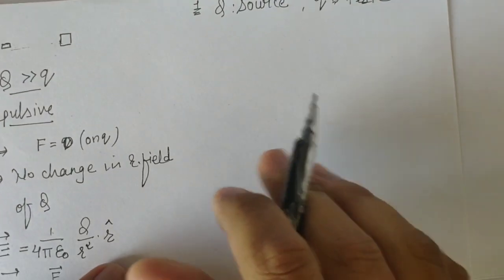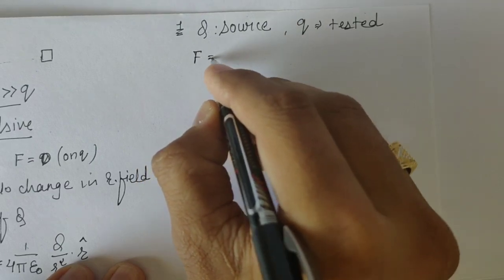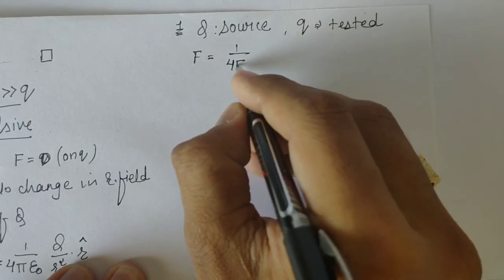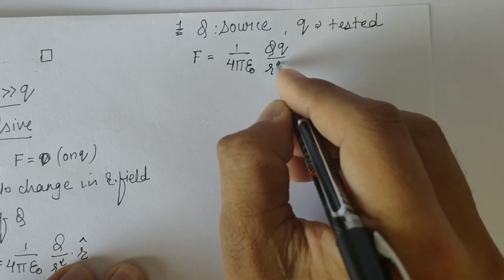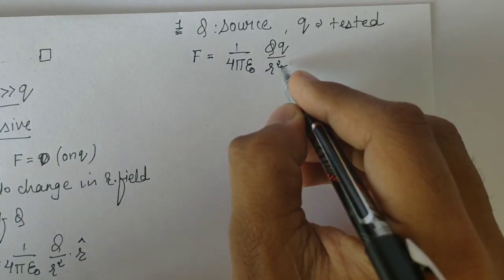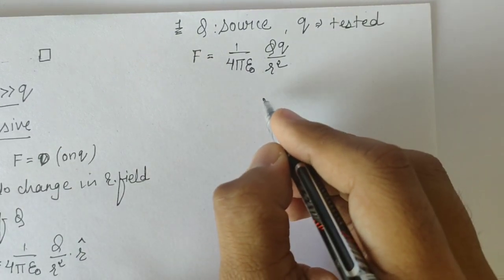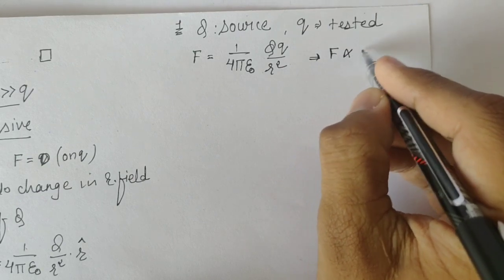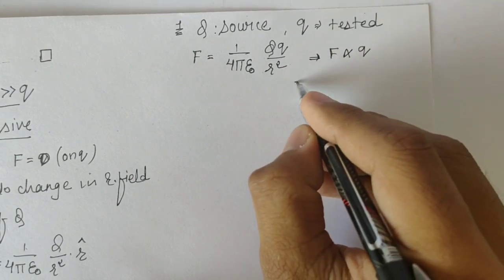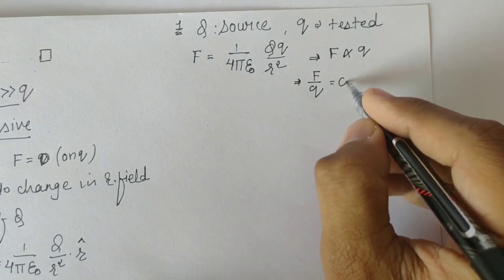Now, F equals 1 upon 4 pi epsilon 0, Q q by r square. This clearly shows that F is proportional to q. Therefore, F divided by q is equal to a constant.